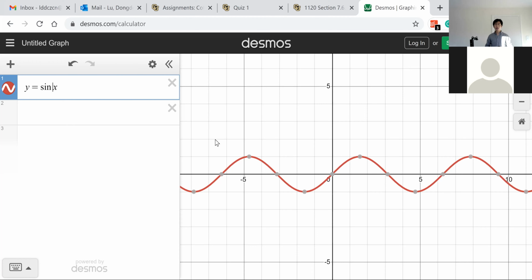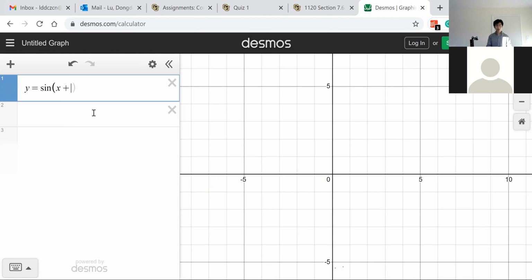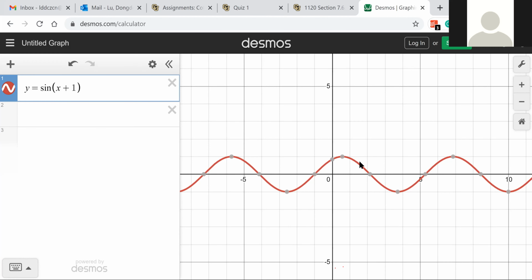So what if we add a different value to x? How would x change? For example, let's add a simple value 1. Okay. Now do you guys see any difference? There are more points on the graph. Kind of.